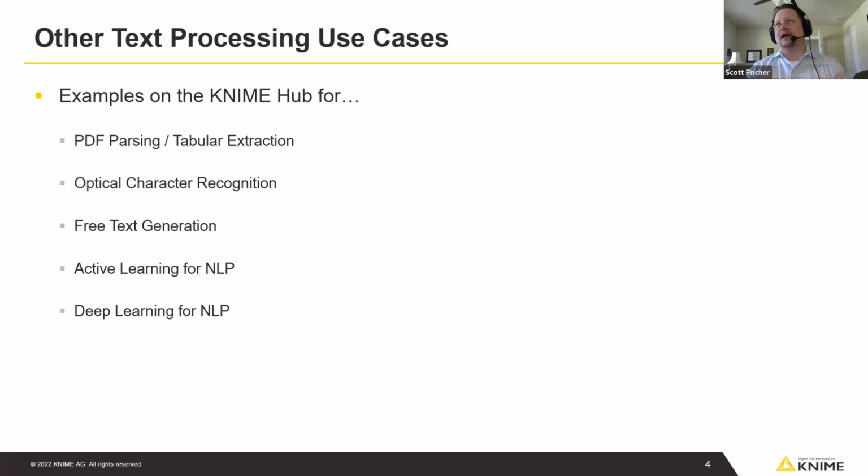It's just not something we're going to have the time to talk about today. So if you tuned in hoping to hear about those things, sorry to disappoint you, but know that that is something KNIME can do, and we're happy to provide you with some additional resources on the back end to get you started there if you're looking to do any of those.